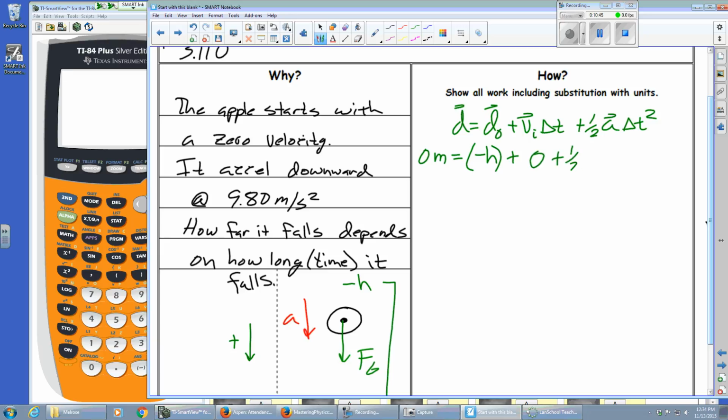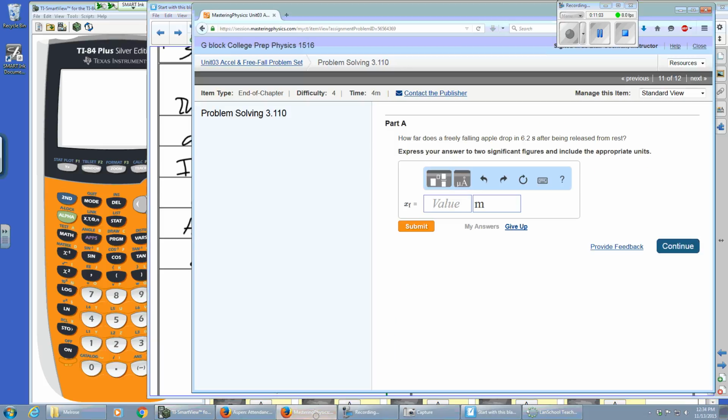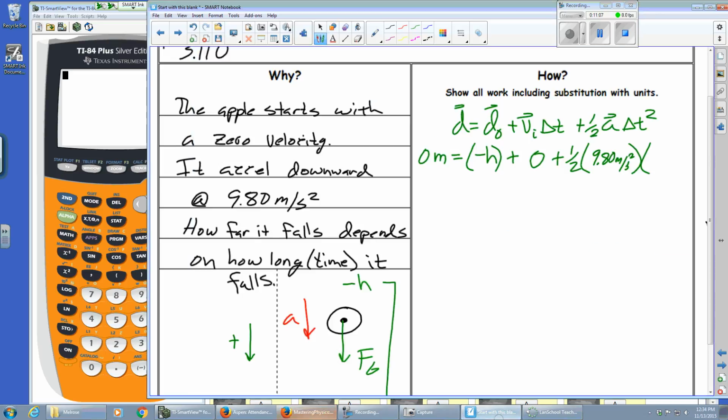Plus 1/2. Now I'm accelerating downwards, and we said downwards is positive. So I'm going to put in positive 9.80 meters per second squared. And my time, what they tell me, 6.2 seconds, squared.